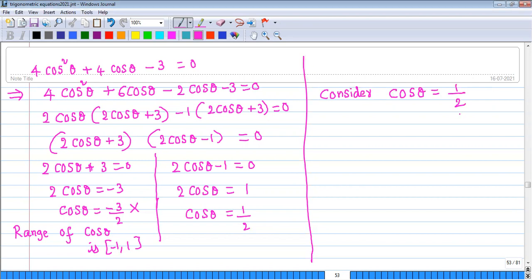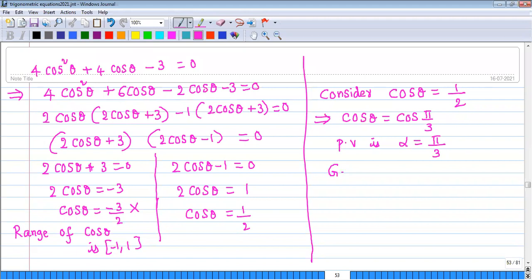Principal solution: pi by 3. Whose value of cosine is 1 by 2? 60 degrees, pi by 3. So we can write cos theta equals cos pi by 3. The principal value is alpha equal to pi by 3.